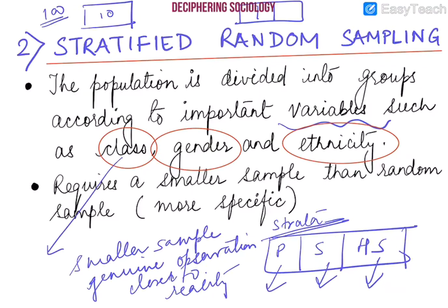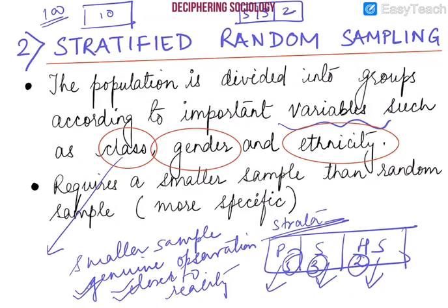And then I am choosing a particular number, like from here 5, 3, 2. 5 from primary section, 3 from secondary and 2 from higher secondary. So I am being very specific, and that is why even if I take a small sample, I will be getting a very genuine picture, closer to reality, as compared to a random sample.